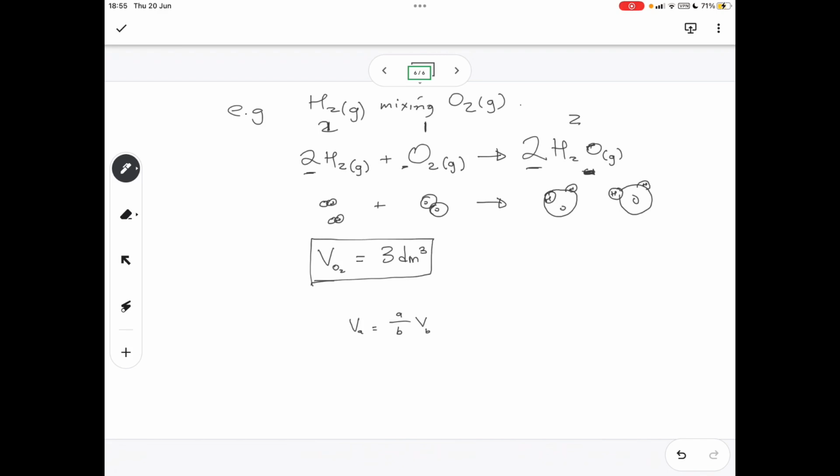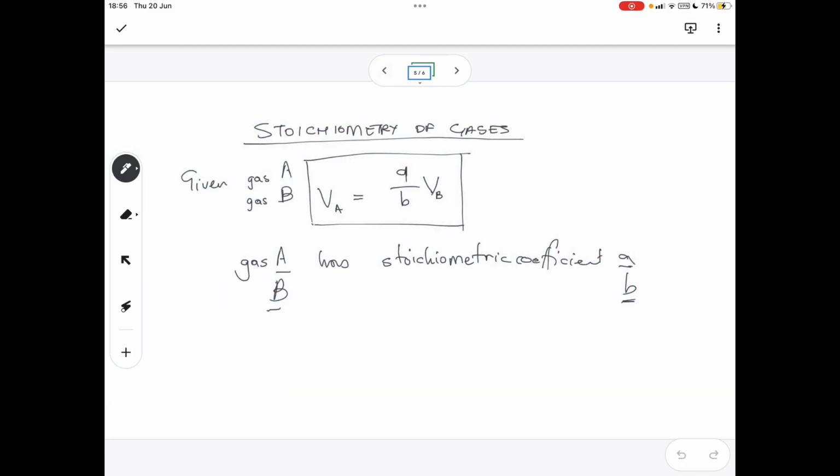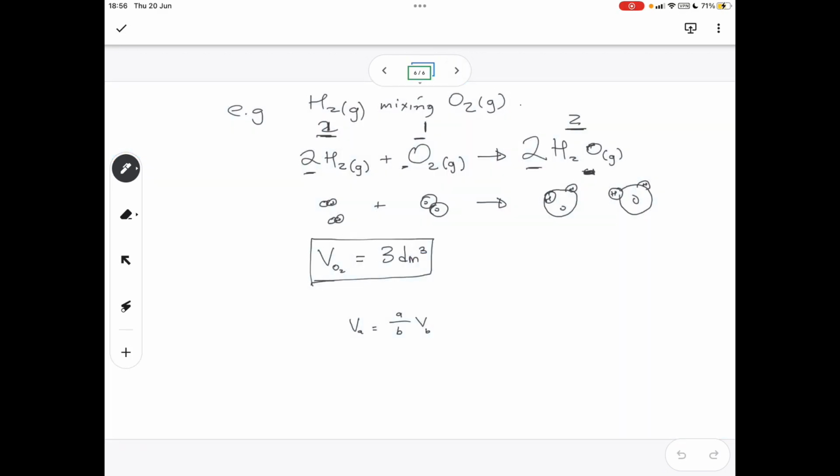So I'm guessing we're going to focus on that. Then we also need to look at these ratios here, these numbers of moles. So the stoichiometric coefficient, which is effectively the number of moles from the reaction. I'm thinking that's what they mean, but for now, let's just go with that.